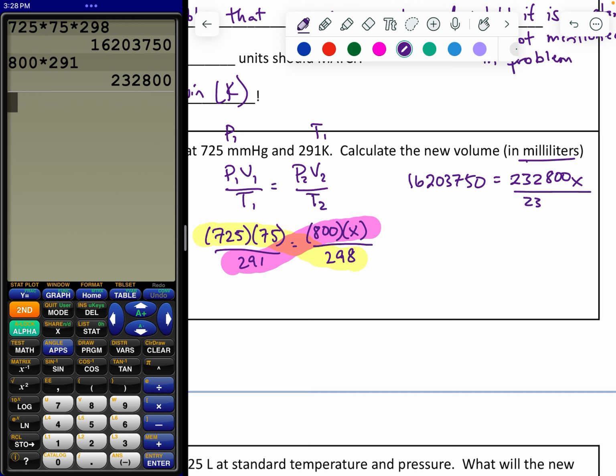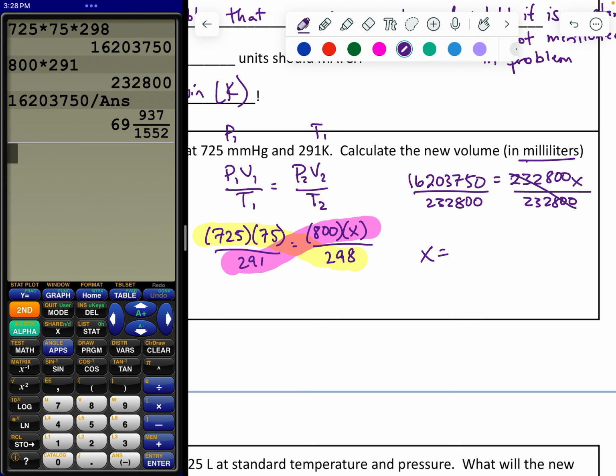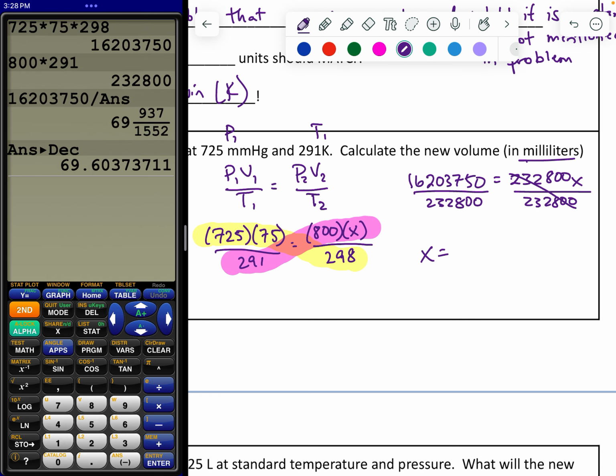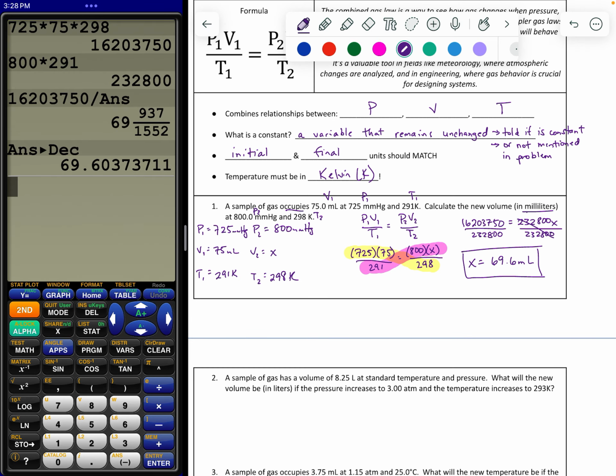And of course, we just divide through by what's being multiplied to our variable there. And x, of course, is volume here. And we have that big number divided by our answer. And we get a decimal instead. And this would be 69.6 milliliters, of course. Correct the units based on the variable that we were looking for. And so does this make sense? Well, I know that the pressure went up as well as the temperature.